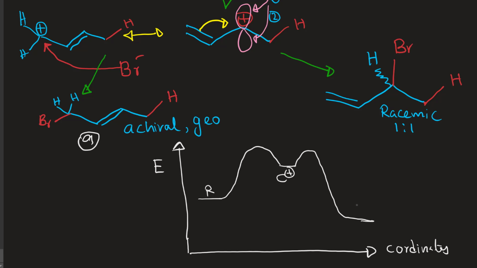The first one simply went to product B, actually, the first one we drew. Product B would be a little bit higher in energy. It's a little less stable because it's a terminal alkene. Look at product A, the 1,4 addition: the alkene is very stable because it's in the middle. Therefore, that's the most stable, thermodynamic product.